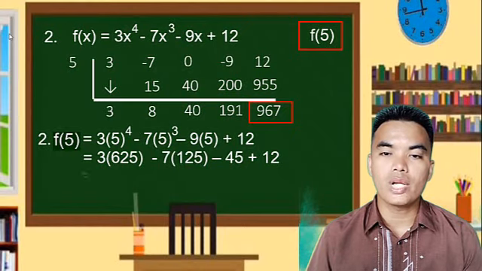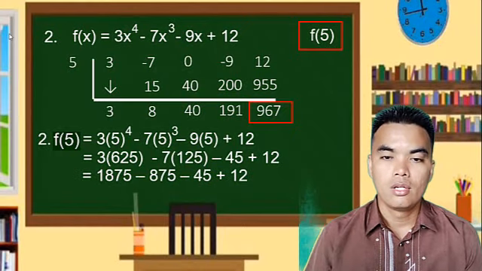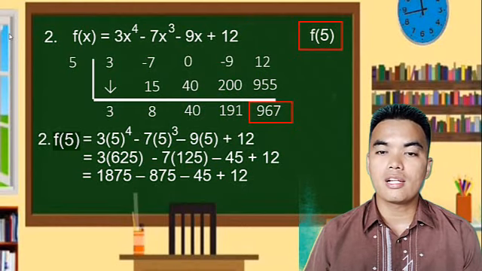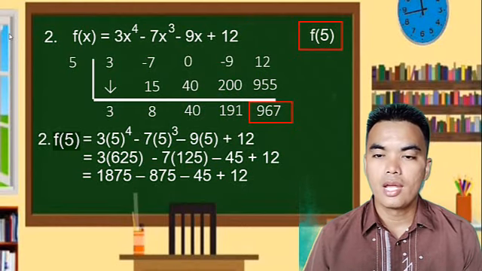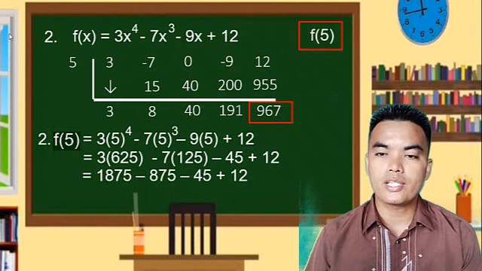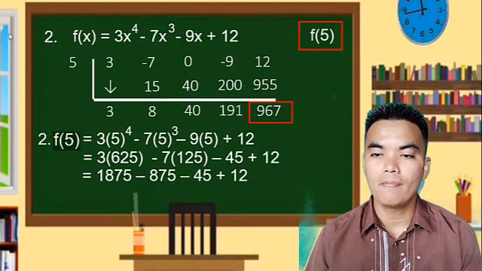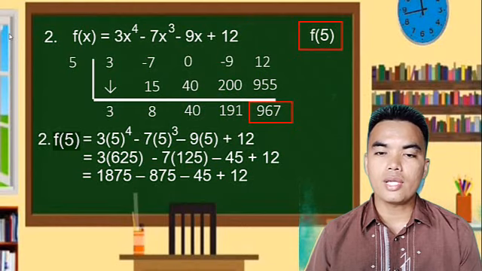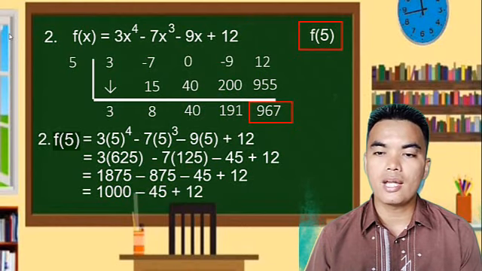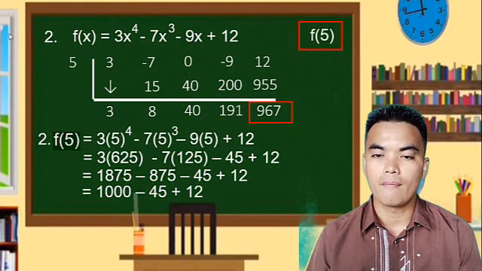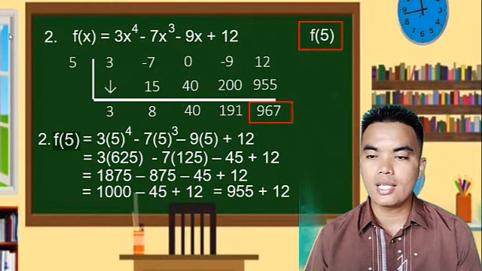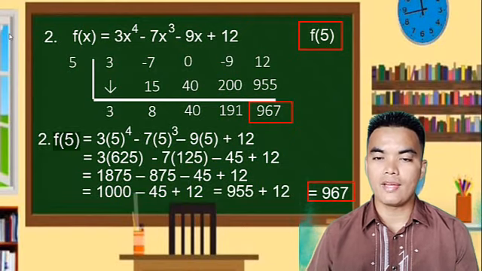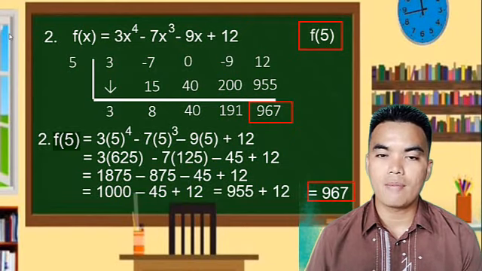So that is 3 times 625, which is 1875, minus 875, the product of 7 times 125, minus 45 plus 12. 1875 minus 875 is 1000. 1000 minus 45 plus 12 is equal to 967. So we arrive at the same answer.